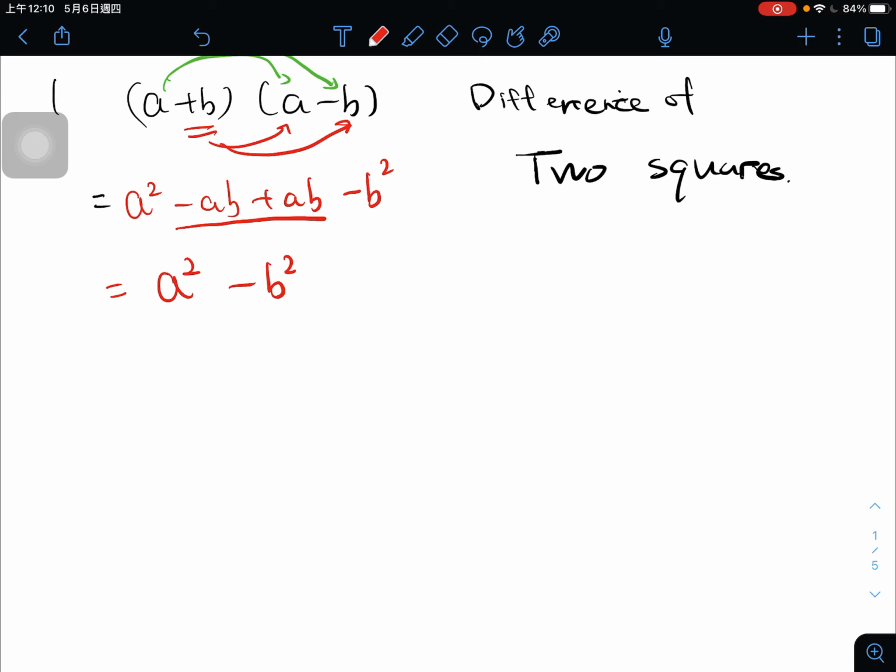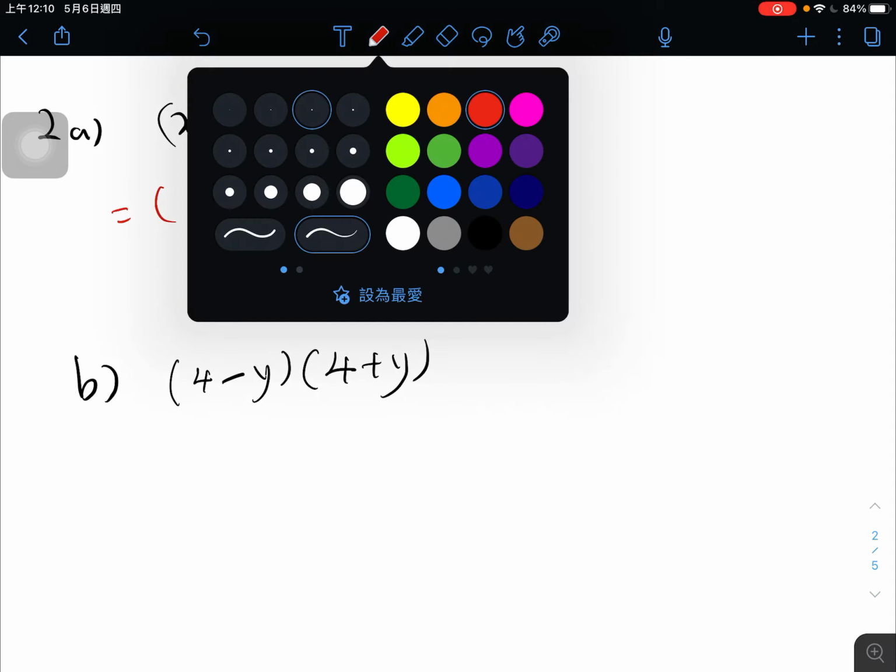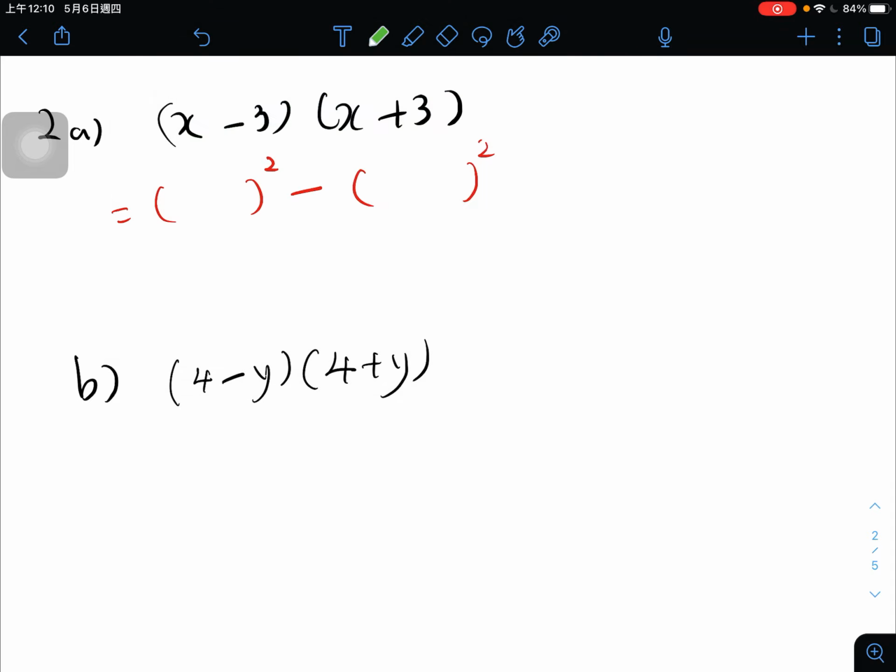Now on the next page I will teach you how to use this identity. Just by looking at this, I will write down two brackets and fill in some numbers. You can see that the first one is similar to the identity we learned on the first page.